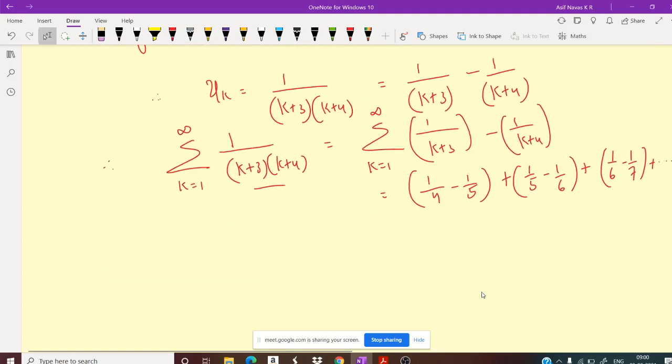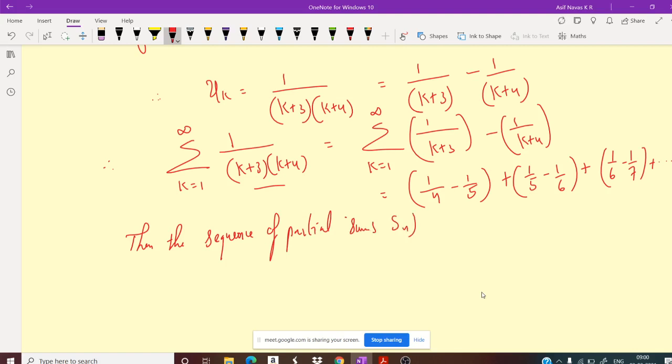So now I will take the sequence of partial sums Sn. You know that Sn is equal to u1 plus u2 plus etc. un. That means sum of these n terms.